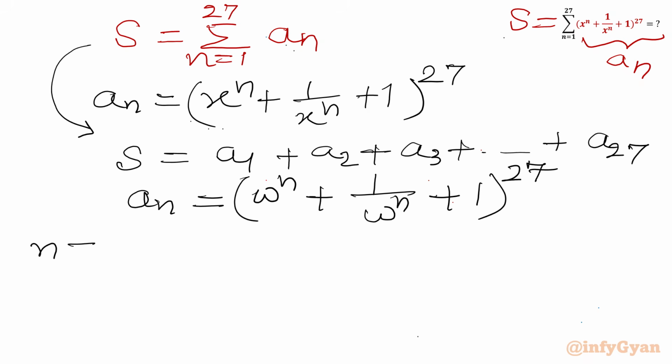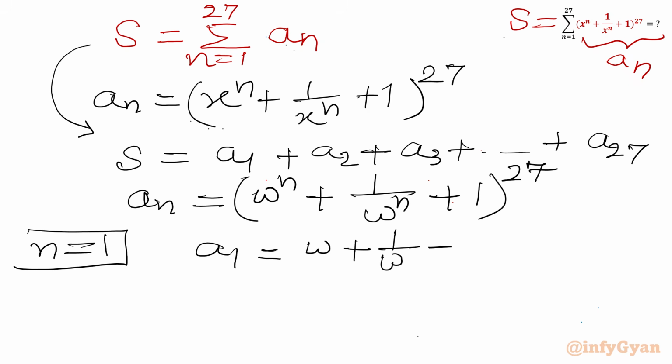Let us put n equal to 1. So we will get the a1 value. a1 will be (omega plus 1 over omega plus 1) whole power 27. Now we know that 1 over omega can be written as omega square over omega cube.